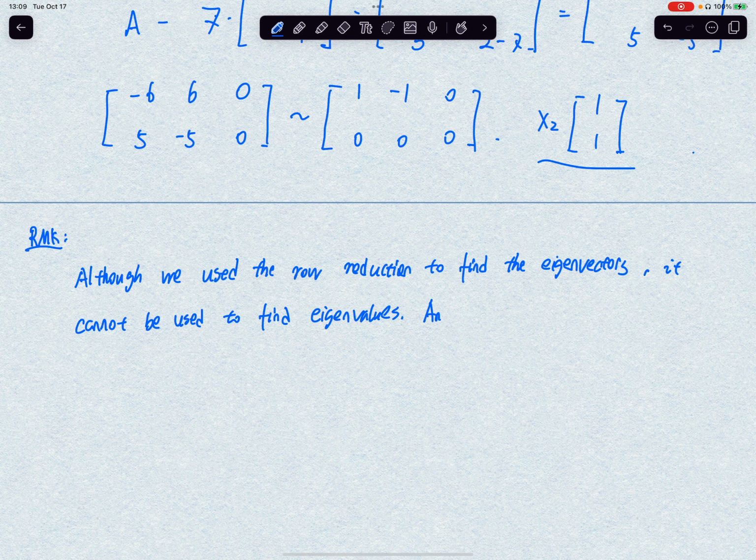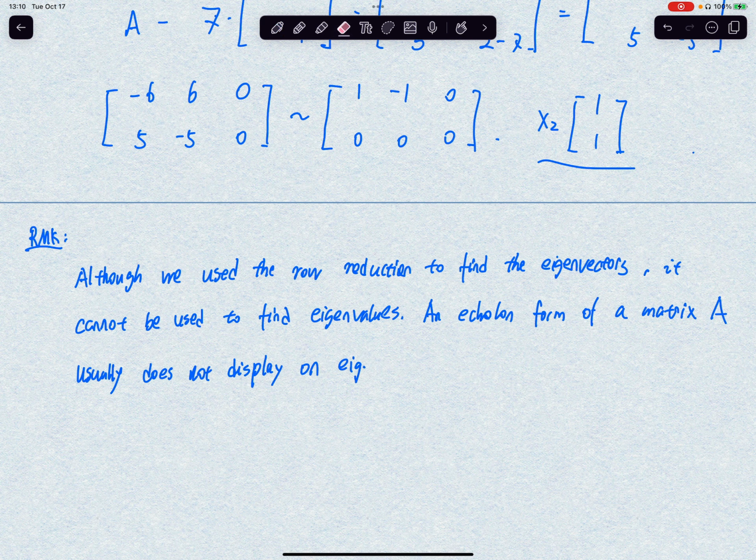So an echelon form of a matrix A usually does not display the eigenvalues of A.